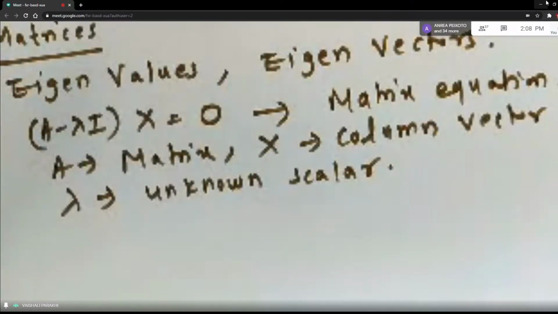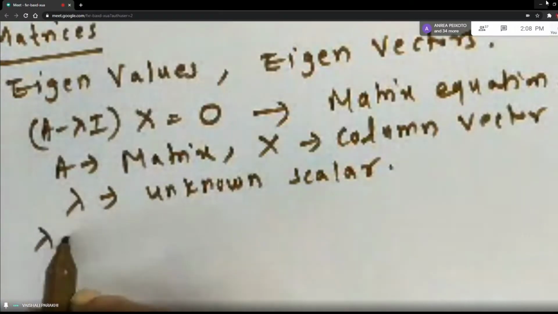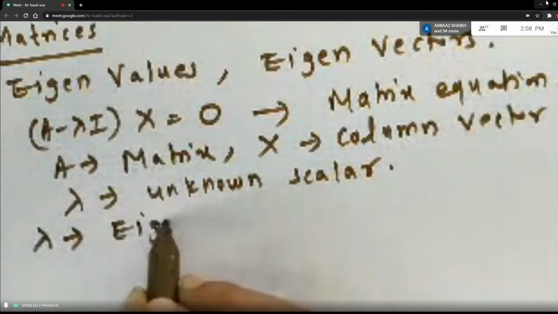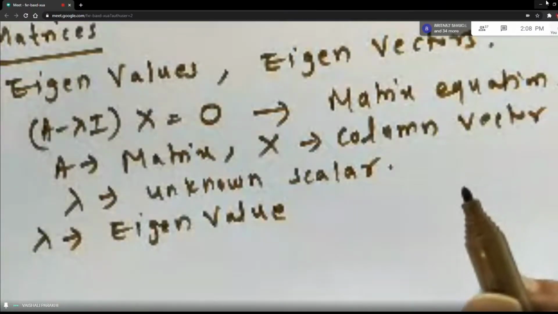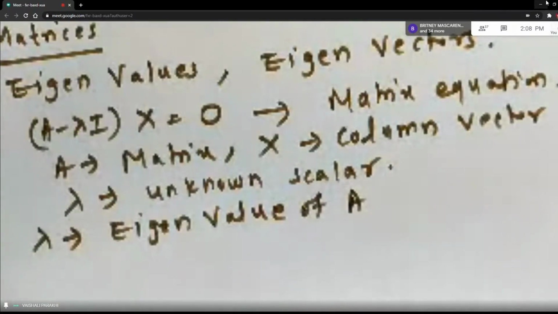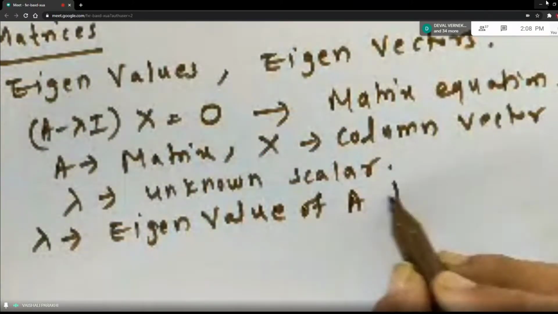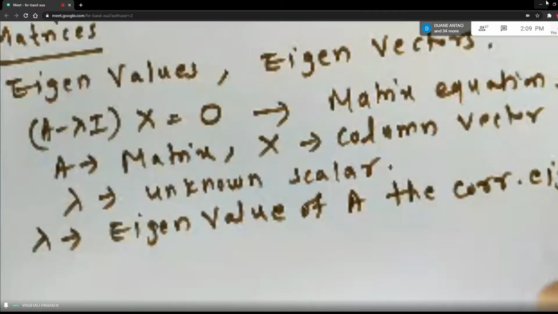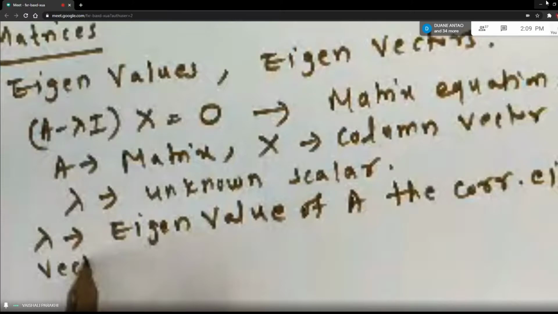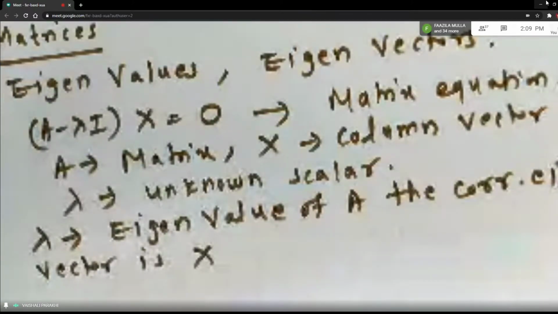Now in this equation, this lambda is called the eigenvalue of matrix A, which is given, and the corresponding eigenvector is x. So for every eigenvalue there is an eigenvector, remember like this.